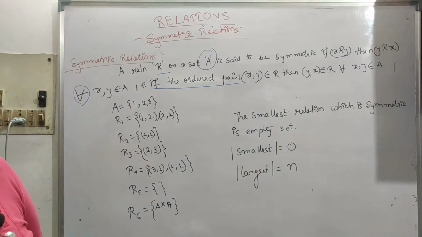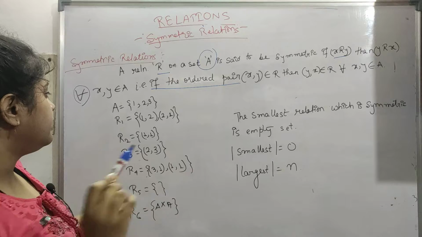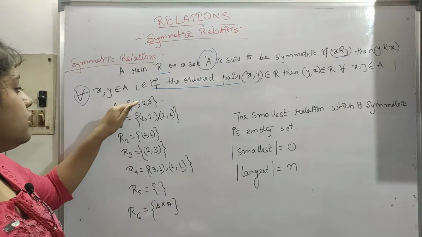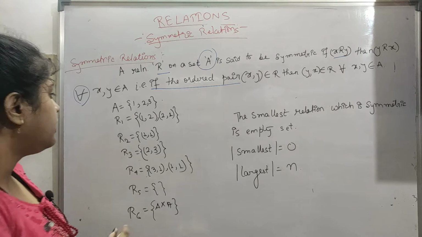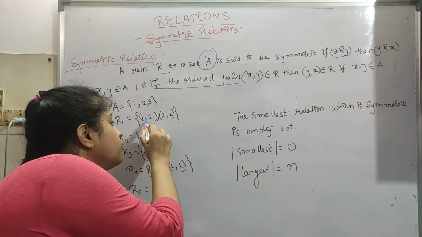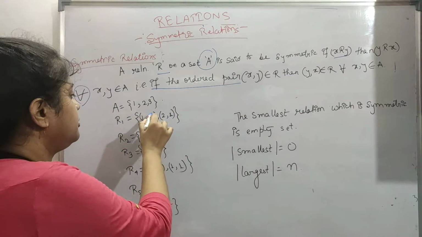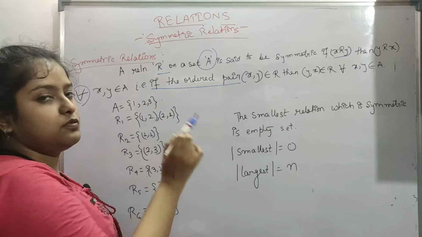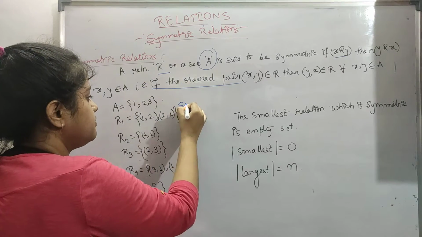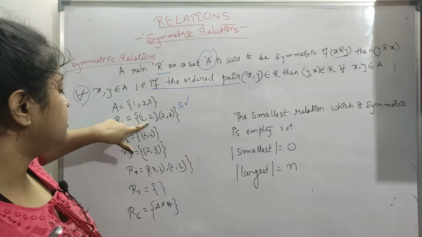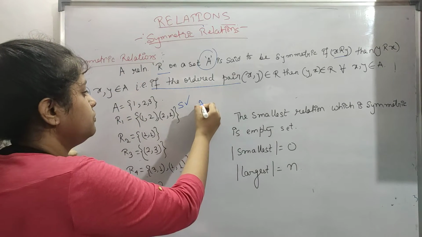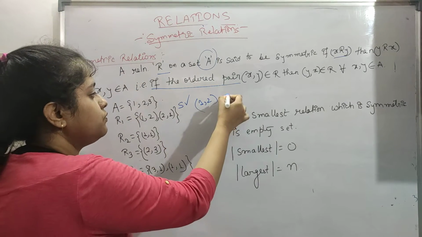Here is our set {1, 2, 3}. Now we have R1 as this relation: (1, 2), so 1 is related to 2, then 2 has to be related to 1. So this is symmetric. If 1 related to 2 is present, then the opposite one, 2 related to 1, has to be present.